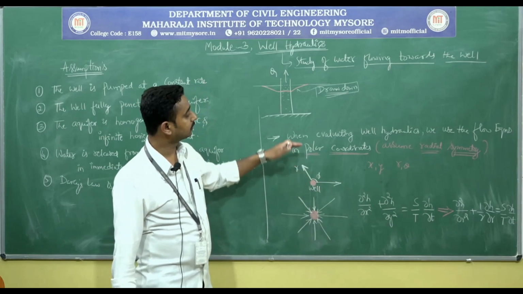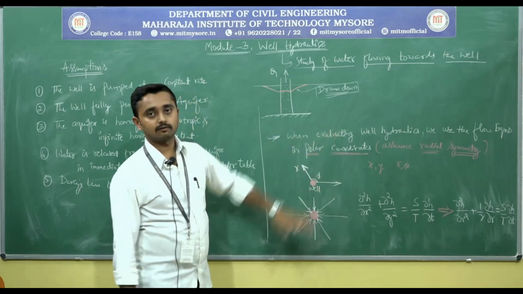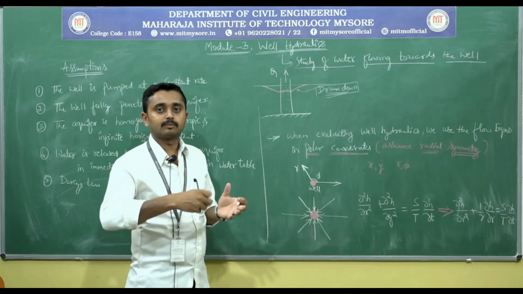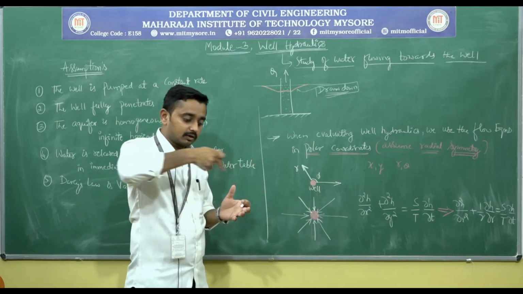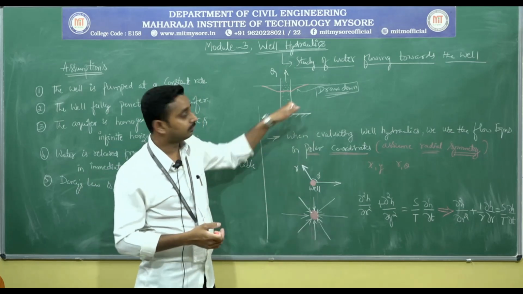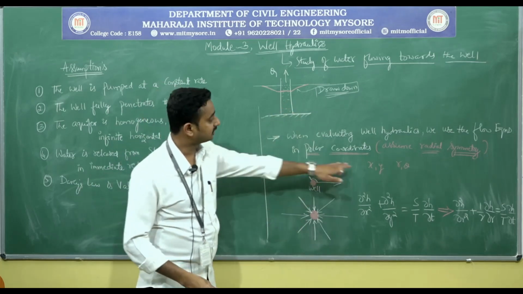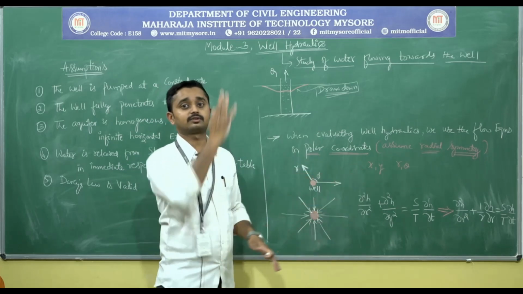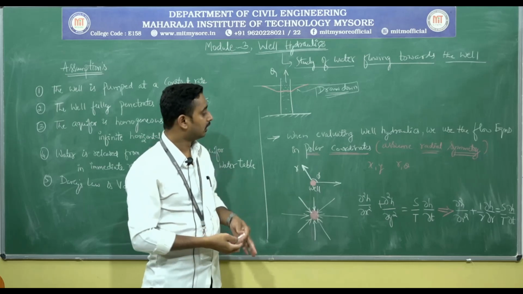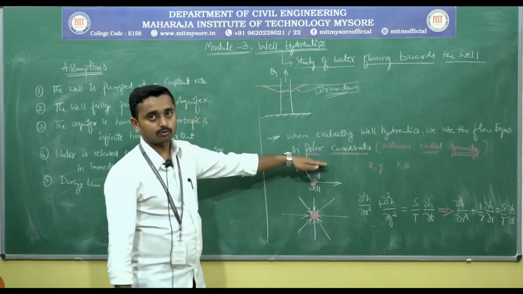Once the pumping starts, the water level in the vicinity, the surrounding area and the well itself get reduced, not just in the x or y direction, but in all directions. So that's why we use the polar coordinate system.